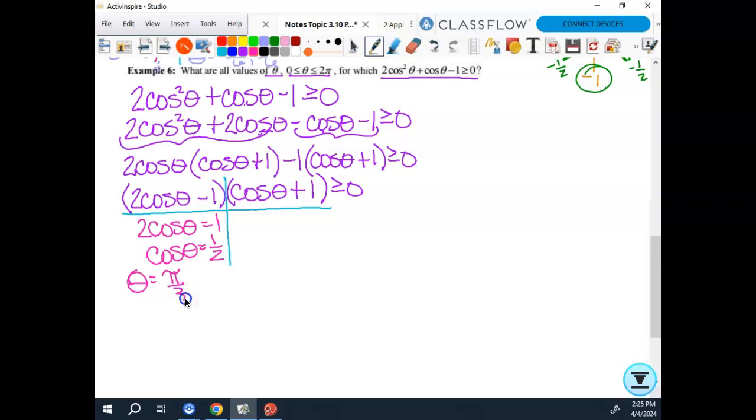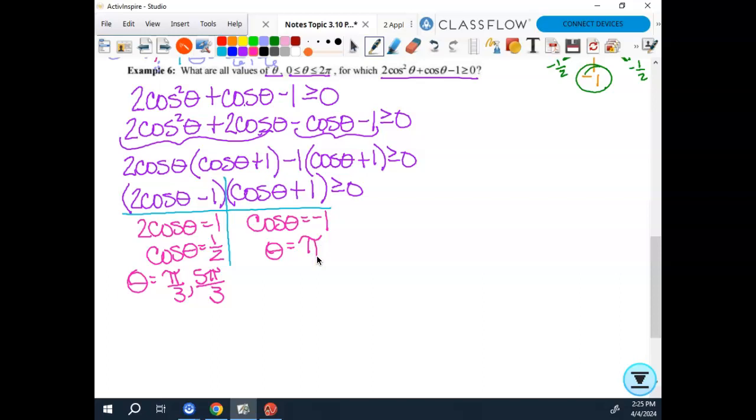No, it's pi thirds. And then what's my 4th quadrant pi thirds angle? Five pi thirds. I don't know these. All right, so then here, cosine theta is equal to -1. When does cosine equal -1? At pi.